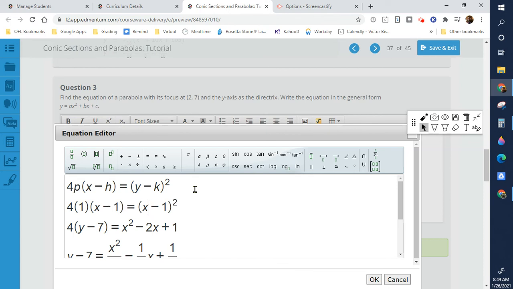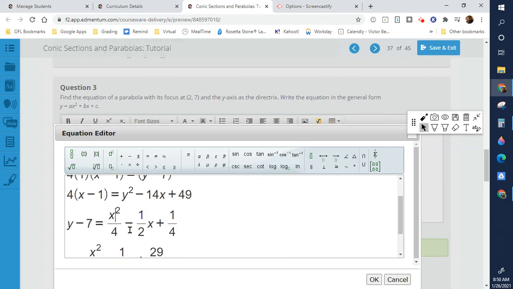It's going to be y minus 7. Going to give me a y negative 14, positive 49. That still stays the same, but this is still going to be the minus 1.